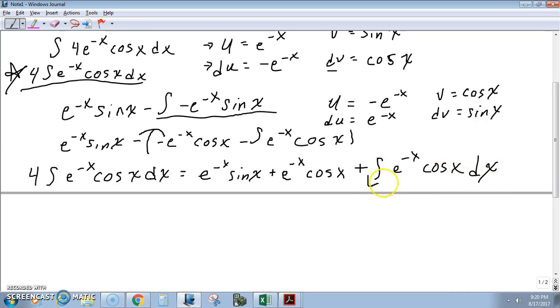Okay, so now that I have this and this the same, I'll subtract 1 from each side.